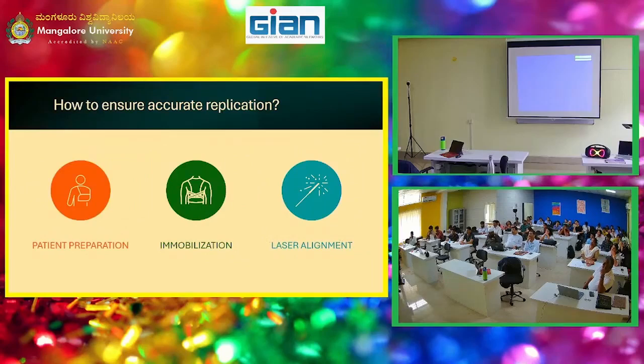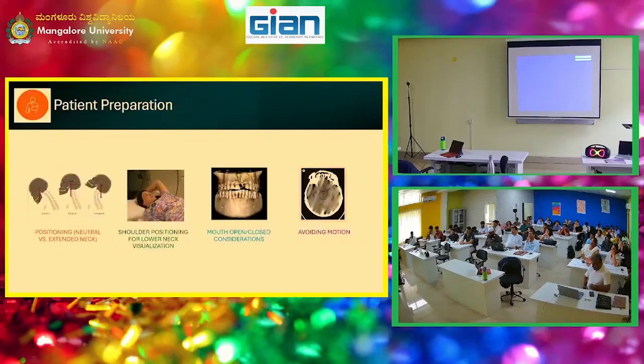So we've just talked about that, but ultimately it's laser alignment. So this is interesting here. This is just to show you mathematically how just the position of the head can make such a big difference in terms of where you are in 3D space, the target you need to hit, right?